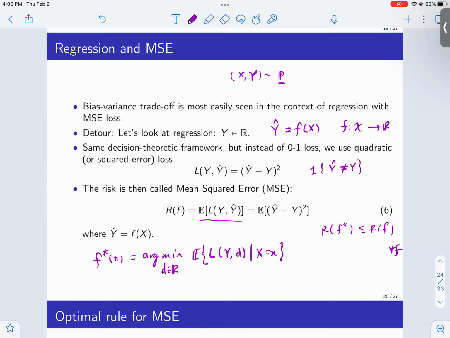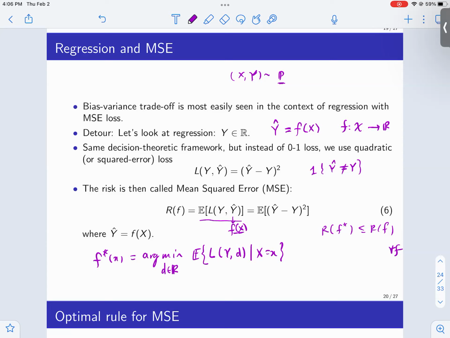You're always going to minimize the posterior risk. So this is like a risk, but conditional on X. Once I condition on X, remember this is F of X, this is deterministic, so I can plug in a d here. And if for every x I can minimize this, then we can argue that the overall thing is going to be minimized. So that's the argument.